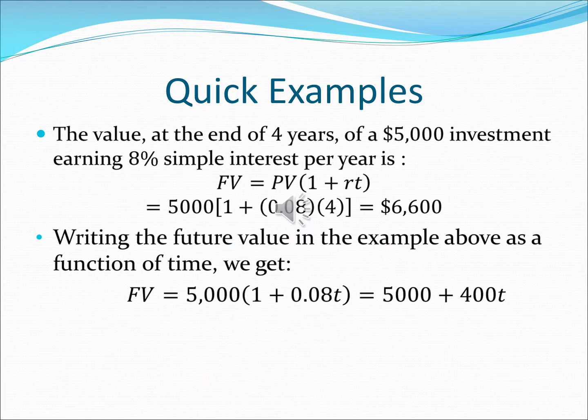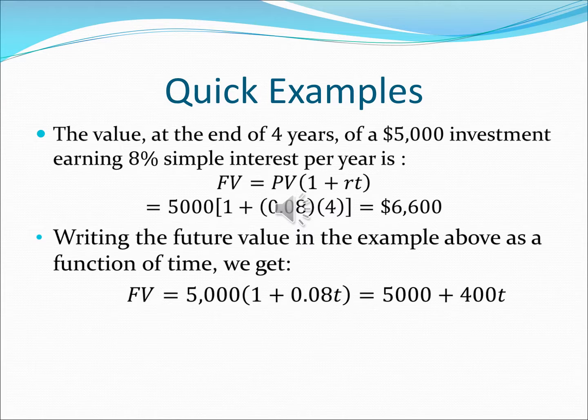So the future value at the end of 4 years of a $5,000 investment that earned 8% simple interest per year would be equal to the present value, which is 5,000, times a factor 1 plus 0.08 times 4, and that gives you 6,600.